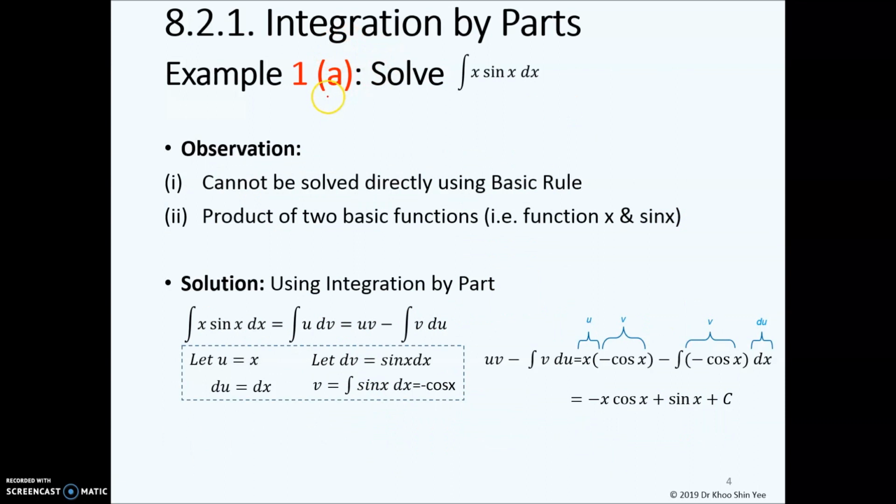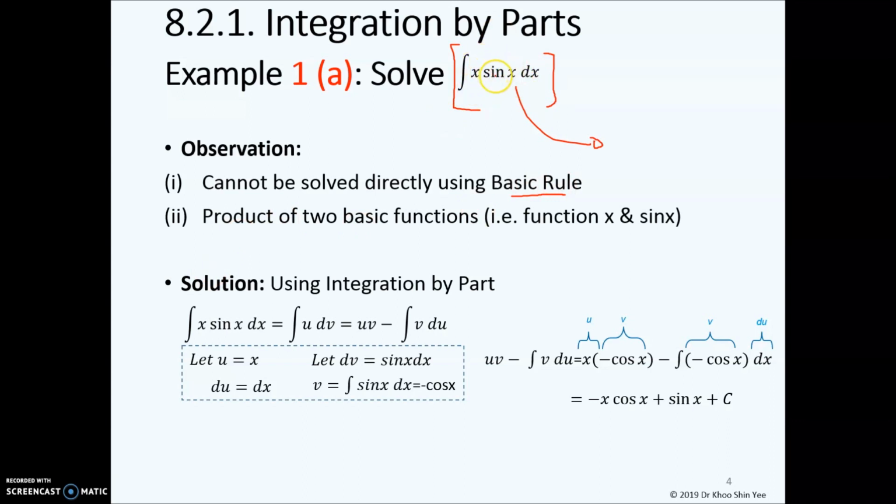Let's solve example 1a. If you look at this problem, you have the function x multiplied with sin x. The easiest strategy that we have learned so far is the basic integration rule. However, in this case, we cannot solve it directly. We have to find a way to reduce it to where we can apply the basic integration rule, but it's quite difficult.